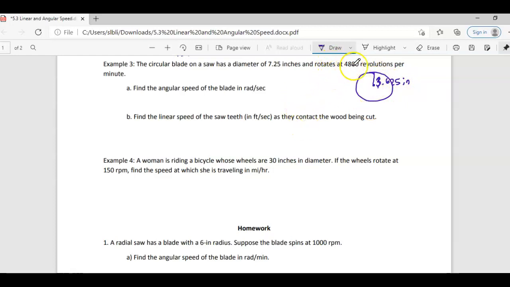It rotates at 4,800 revolutions per minute. So every minute that goes by, this thing goes all the way around 4,800 times. So to find the angular speed, we are going to take that 4,800 revolutions per 1 minute. We're going to change it to radians per second because that's what it's asking us to do here. So we're going to multiply this by 2 pi because for every 1 revolution it goes around 2 pi, right? That's a complete revolution. So the revolutions cancel here.